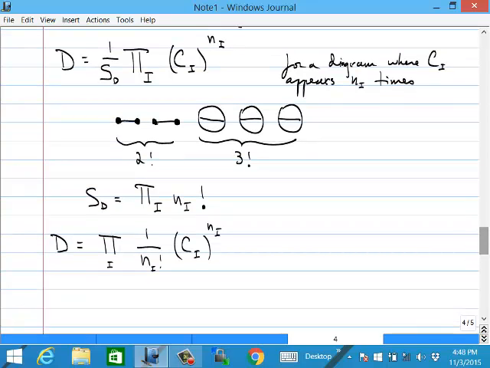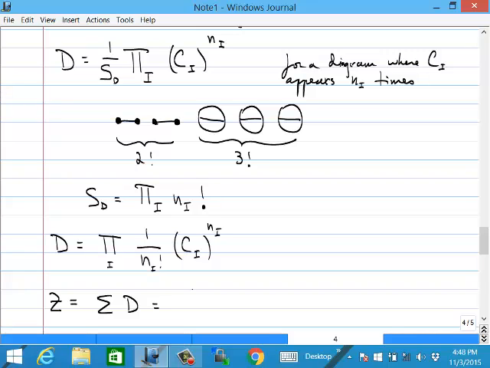So let's now imagine computing the partition function, or the generating function. So the generating function is supposed to be the sum of all diagrams. And every diagram can be written as a product of connected diagrams.